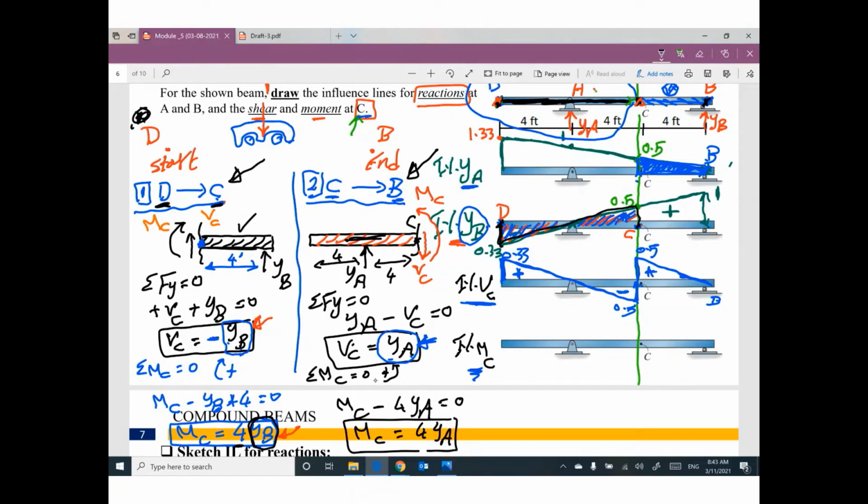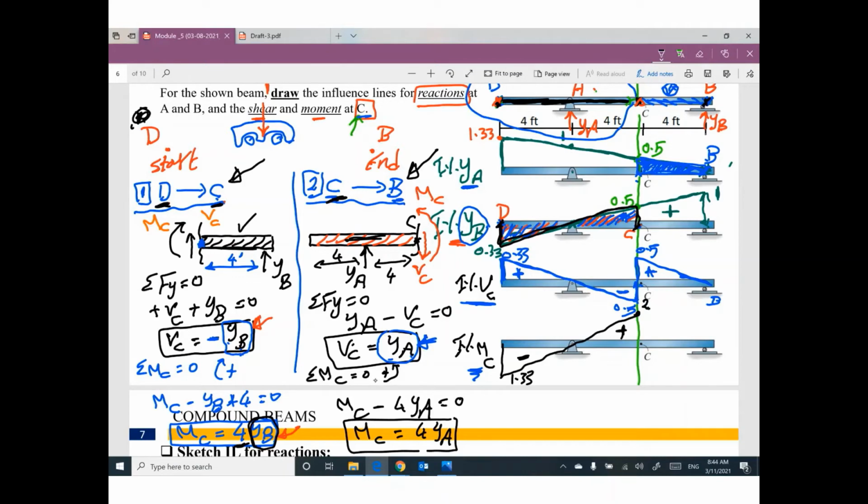Can you multiply this diagram by 4? Yes, I can, by 4 positive. I don't change any sign. So this diagram will be the same shape, but this value 0.33 will be multiplied by 4, so it will be 1.33. This value is 0.5 times 4, it will be 2. The negative will be negative, the positive will be positive.